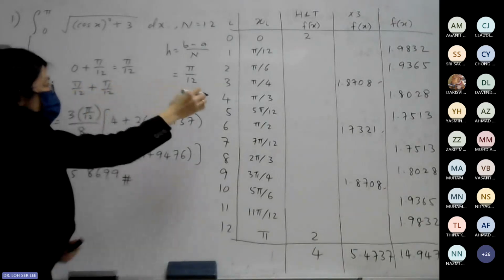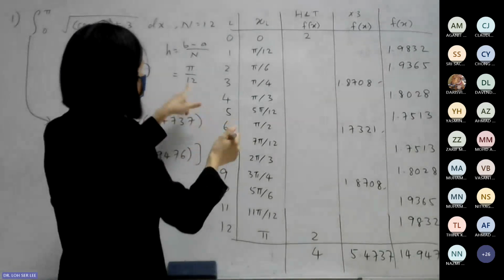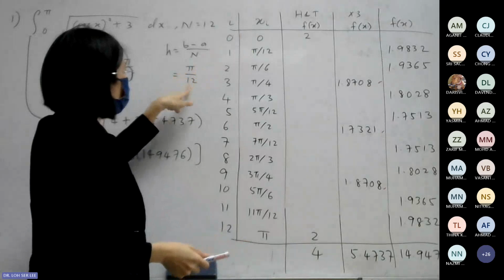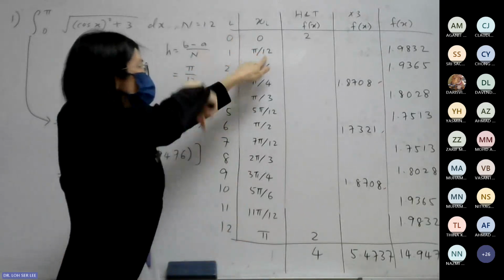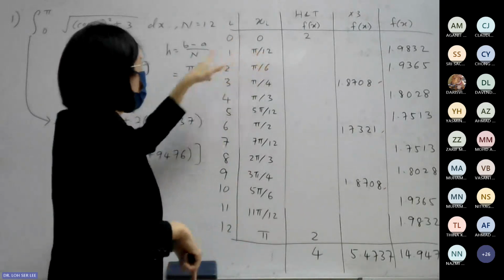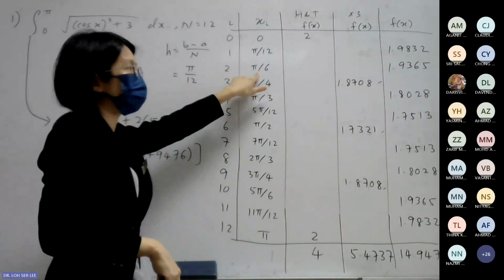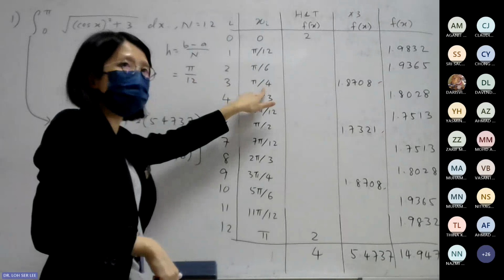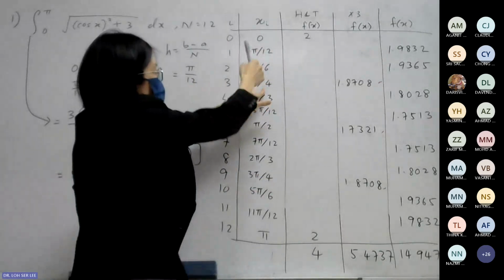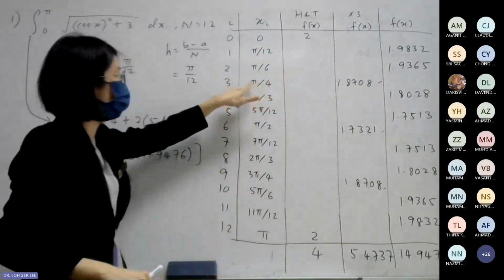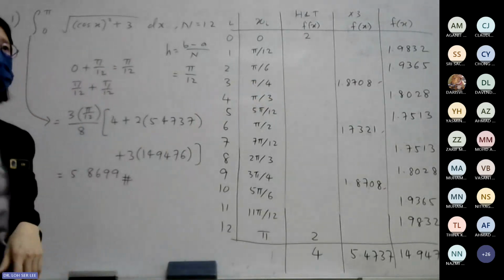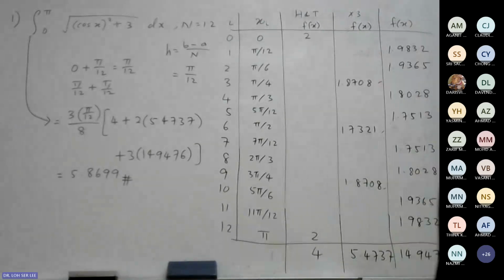So you don't take the pi, you just use 0 plus 1 over 12. Then insert again the pi. So 1 over 12 plus 1 over 12, you get 1 over 6. 1 over 6 plus another 1 over 12, you get 1 over 4. Then you multiply the pi into the value. Any questions?